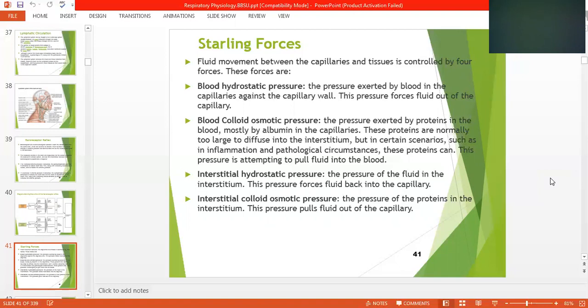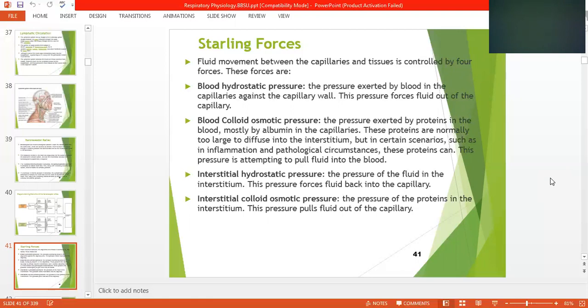Hydro means water, right? So it means liquid, that is blood. And then blood colloidal osmotic pressure means the solid part. The pressure exerted by proteins, which are the solid part in the blood, mostly albumin in the capillaries. These proteins are normally too large to diffuse into the interstitium, but in certain scenarios, such as inflammation and pathological circumstances, these proteins can.